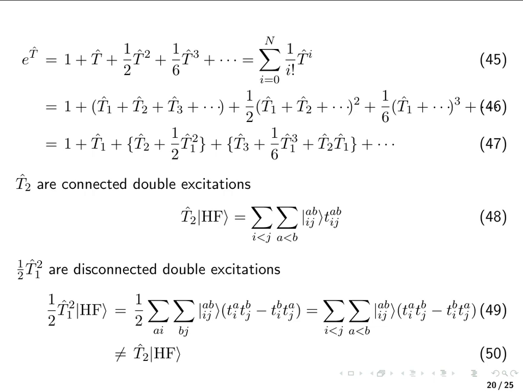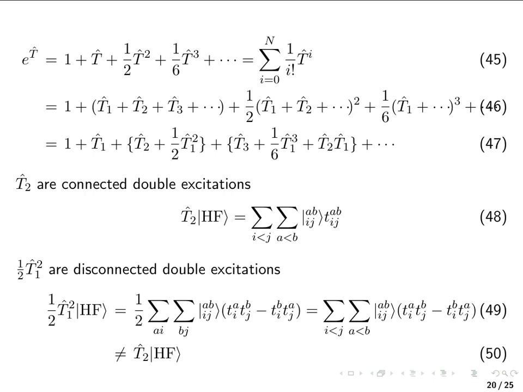Now, the double excitations which the T2 operator generates: remember, T2 acting on Hartree-Fock gives us all doubly excited determinants, and they are all multiplied each with its amplitude, t_ij^ab. These are so-called connected double excitations because they are multiplied with one combined amplitude for the double excitation. The T1 squared term, on the other hand, I've written out here.